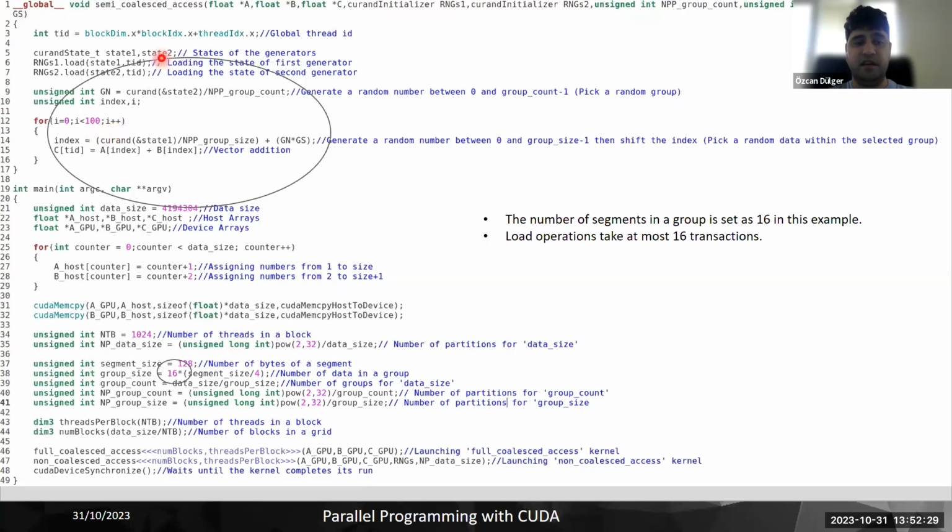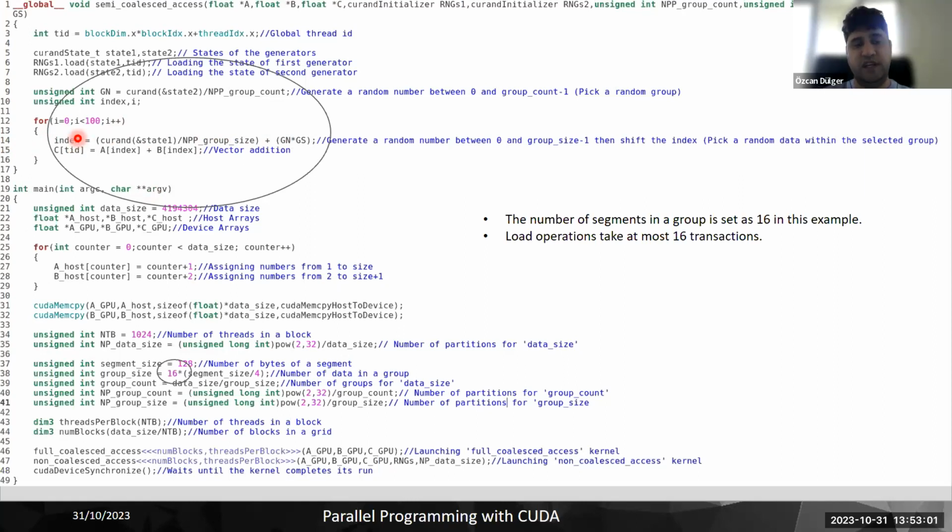Let's examine this example. We create a semi-coalesced access kernel, and we set the number of segments in a group at the beginning, and then we take a random index within this group. That means we can access the segments in the given group.